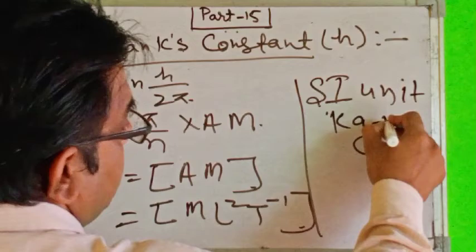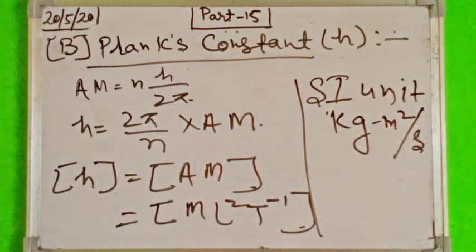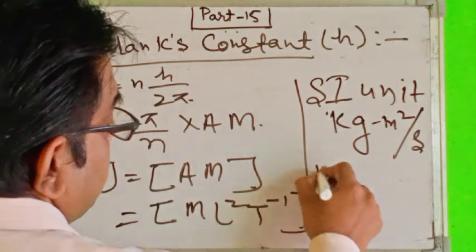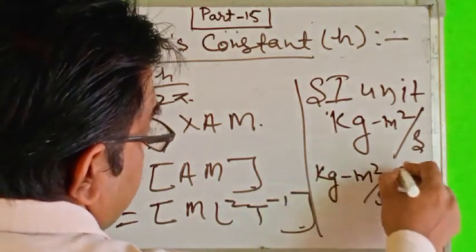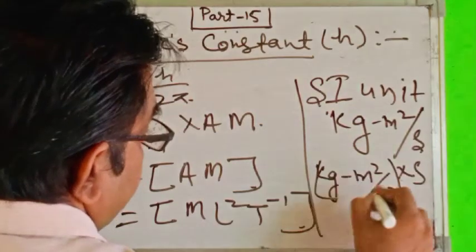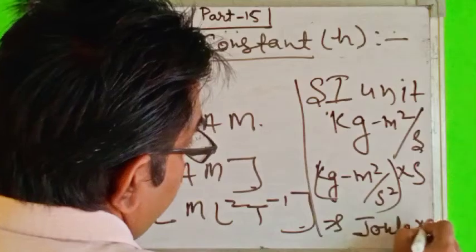It can be written as kg meter square per second square into second, and this is joule, so it is equal to joule into second.